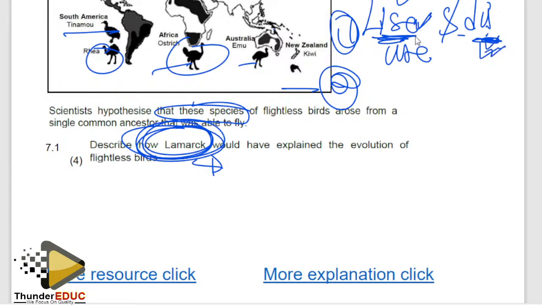Frequently, the trunks became bigger. You understand? And then they passed this character of big, long trunks to the next generation. That's now the inheritance of the acquired character. Don't just tell me that they passed the character to the next generation. Which character? They passed the character of big trunks. In this case, they passed the character of not being able to fly to the next generation.